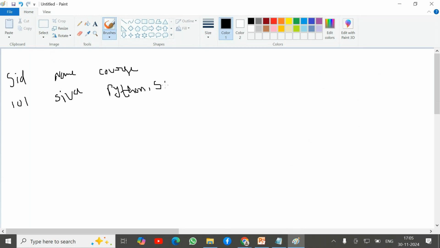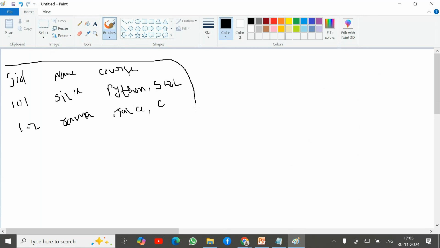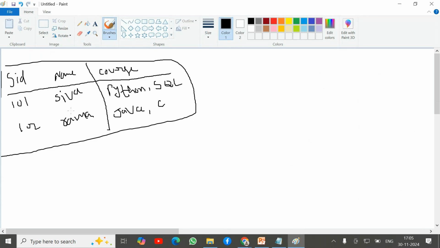This is a normal table. And 102, Rama, Java and another course C programming. This is the table before 1NF.